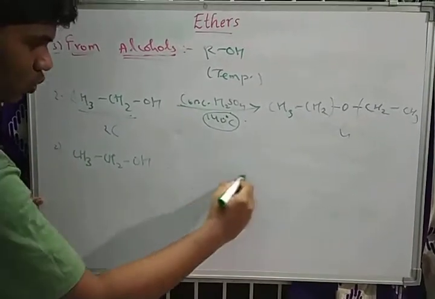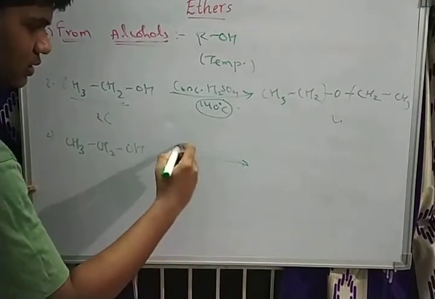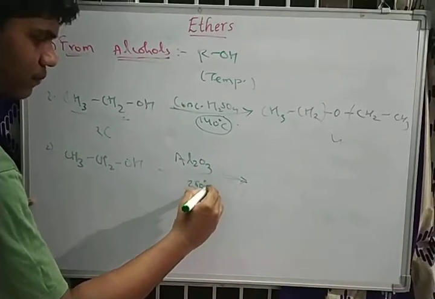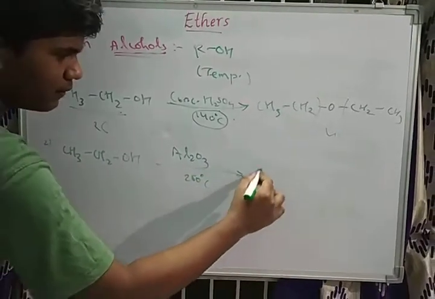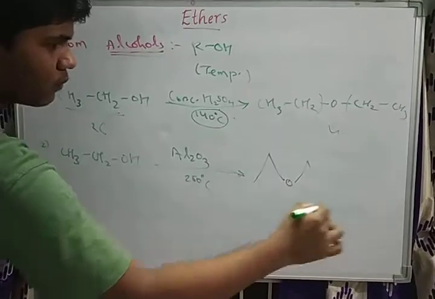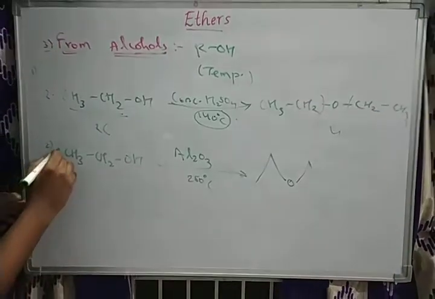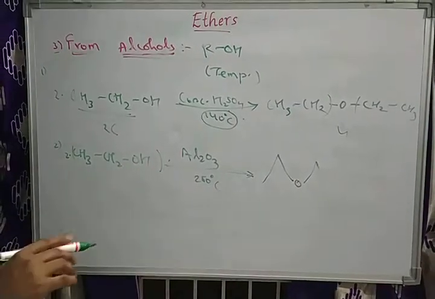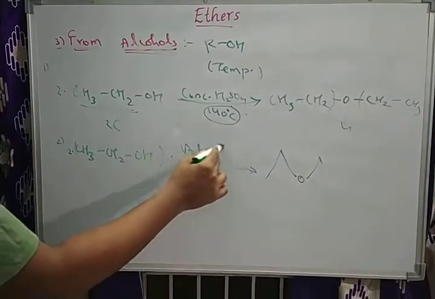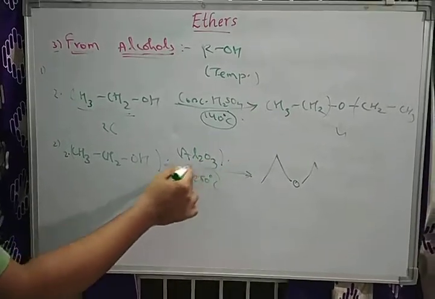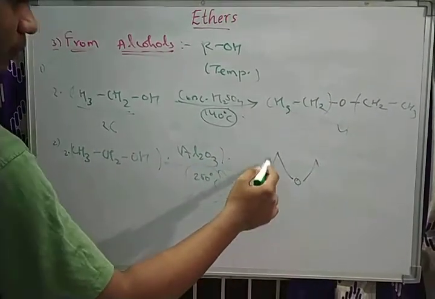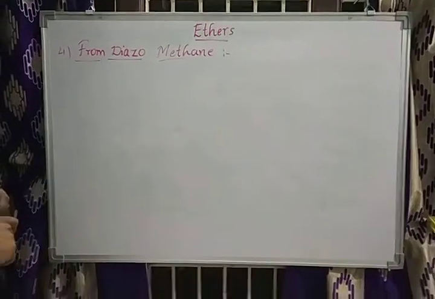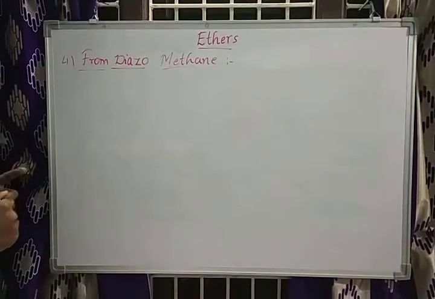Now the reagent taken is Al2O3 at 250 degrees centigrade. 2 moles of ethyl alcohol will react with Al2O3 at a temperature of 250 degrees centigrade to form an ether. That's it.